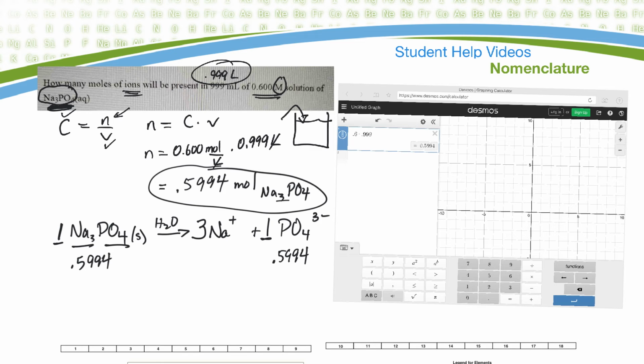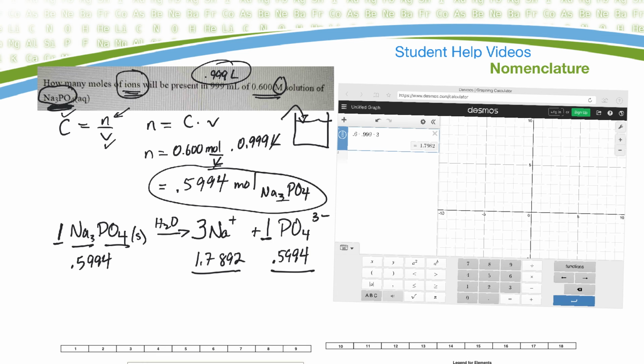And then I have to multiply that by 3 for the sodium. Times 3, 1.7982. So that'll be the total moles of sodium, and this will be the total moles of phosphate.